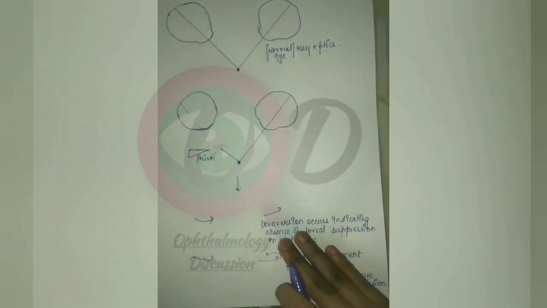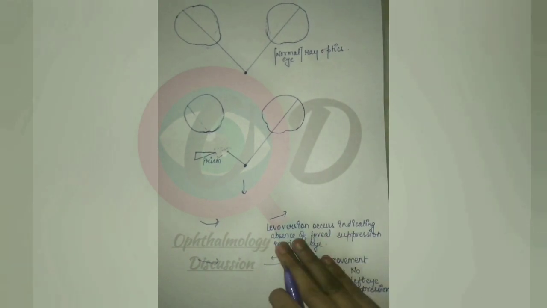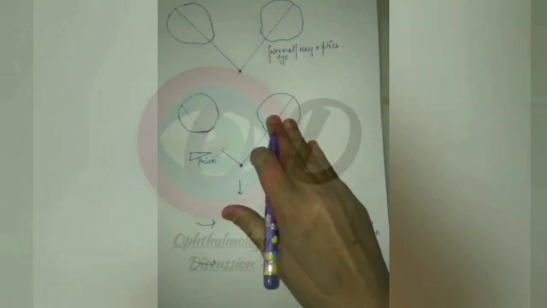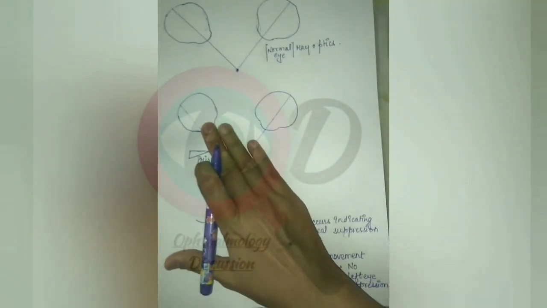So a levoversion occurs. That indicates the absence of foveal suppression in the right eye. Because both eyes are moving, there is no right eye suppression.